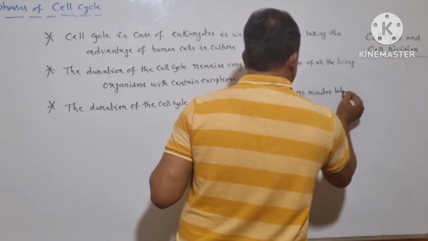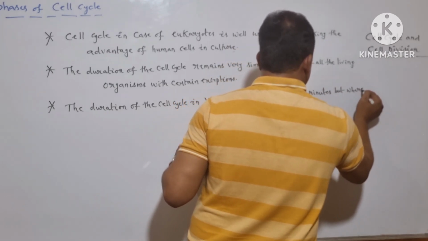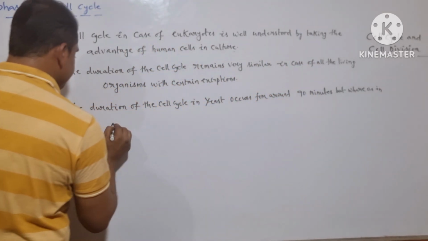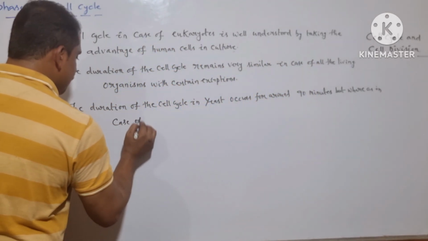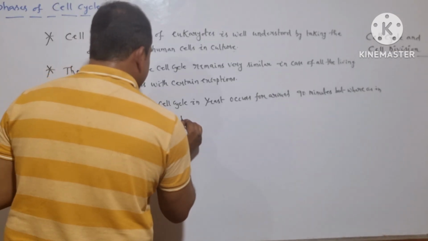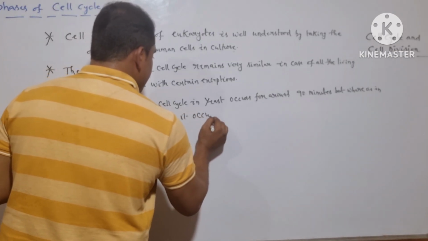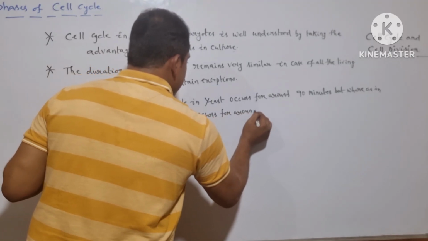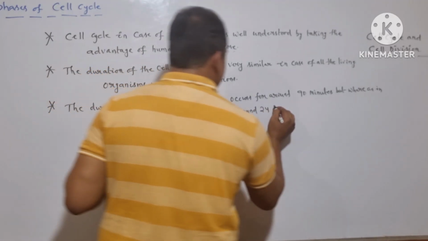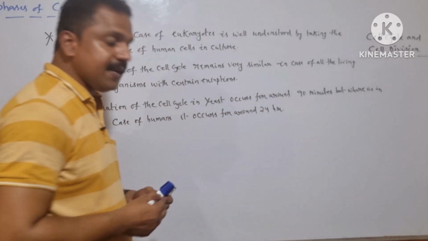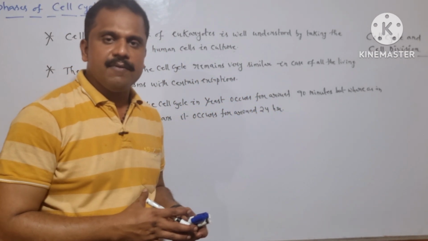But whereas in humans, it occurs for around 24 hours. 24 hours, right? And here, basically the cell cycle can be well studied under two different phases.